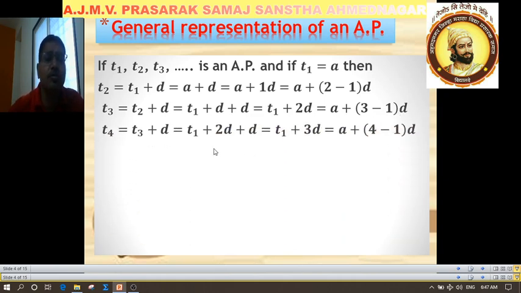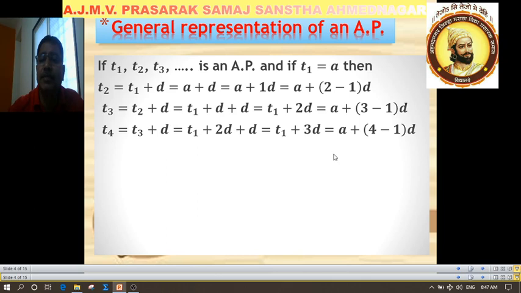Similarly, fourth term, T3 plus D. But T3 is T1 plus 2D. See, T1 plus 2D. So T1 is A and 2 time D plus D means 3D. So A plus 3D.